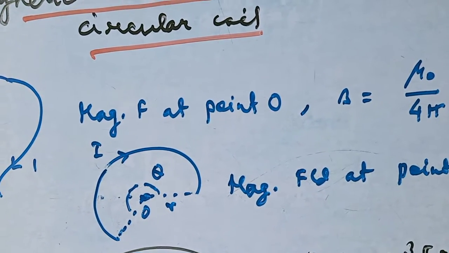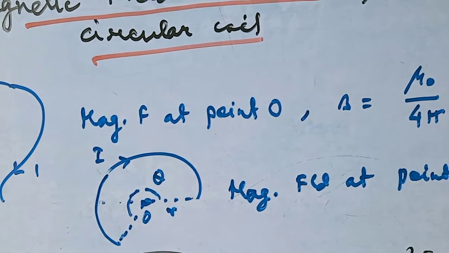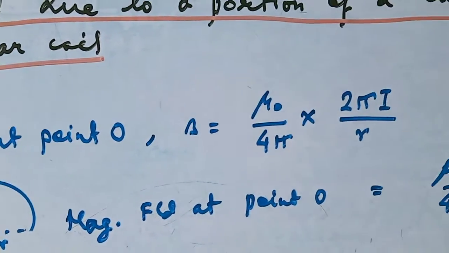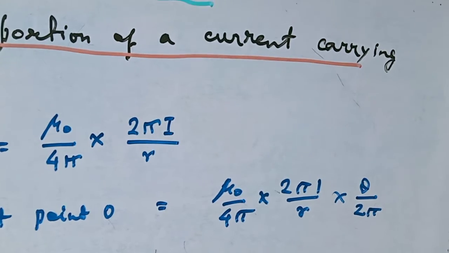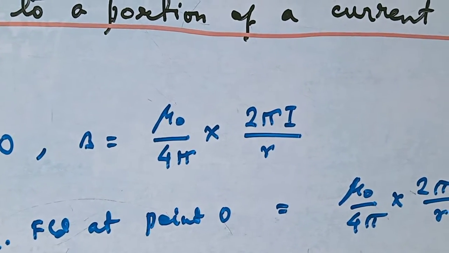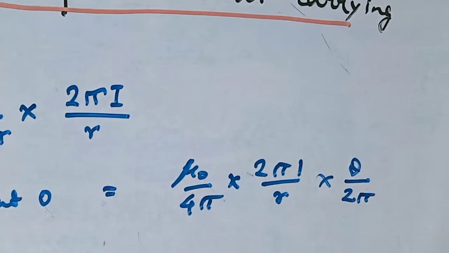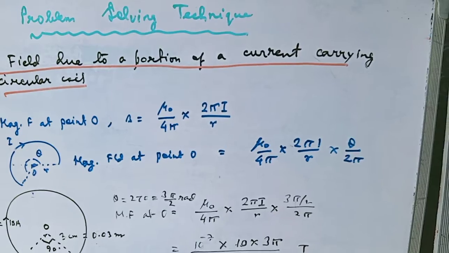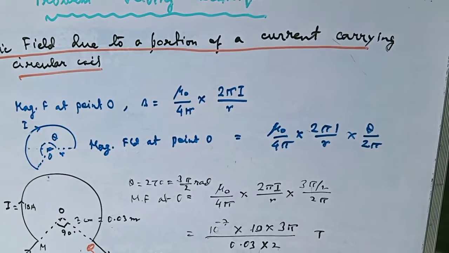This makes an angle of theta at the center. Now the magnetic field at the point O will be mu naught by 4 pi, 2 pi I by R for 360 degree, that means for 2 pi, and for theta angle it will be theta by 2 pi. So this is the formula by which you can calculate the magnetic field at point O.